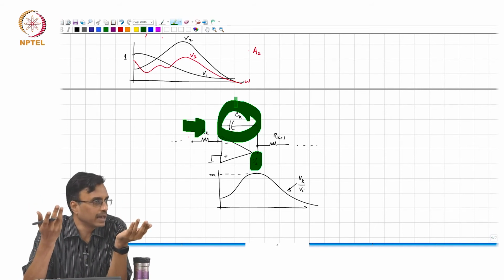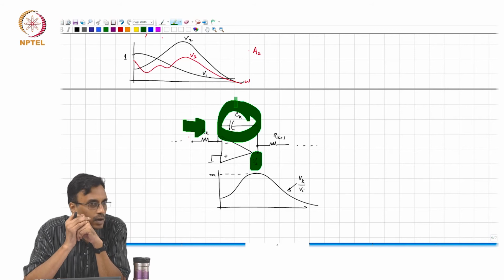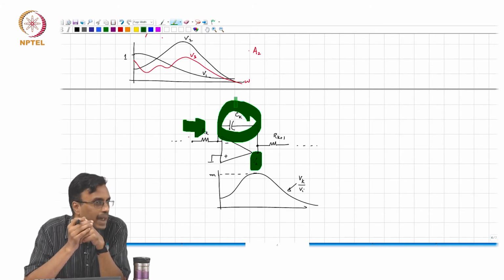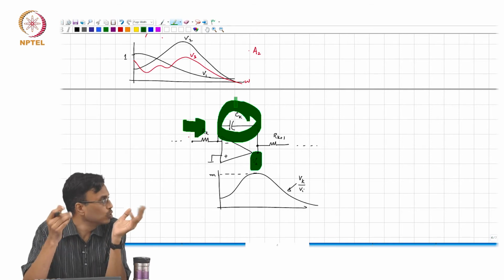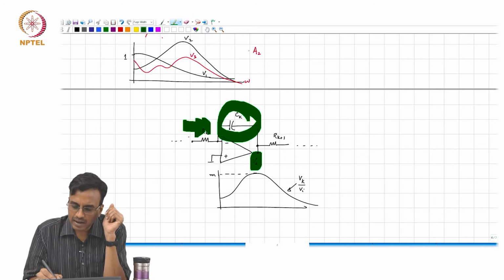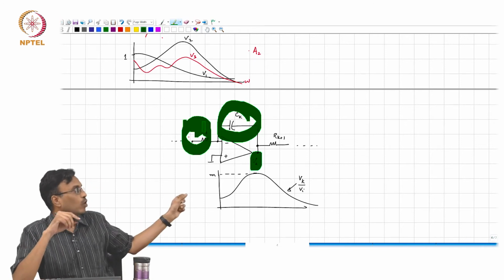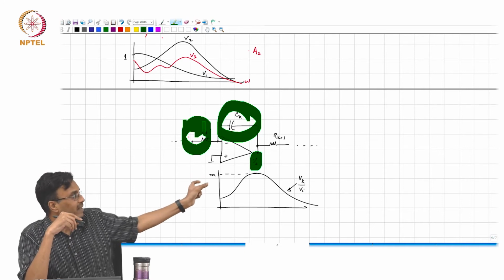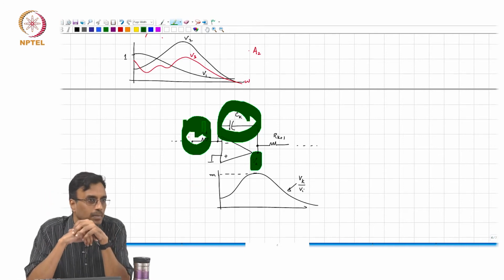You want to make the peak gain 1. So to reduce the peak gain by a factor of M, what should you do? The current that's flowing in, let us say you don't want to mess with. The voltage is current times the impedance that's across the op amp. So what would you do?